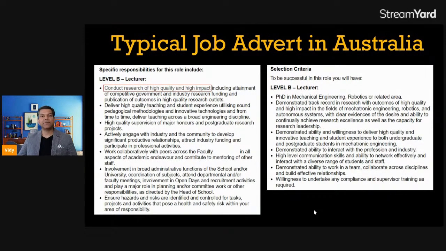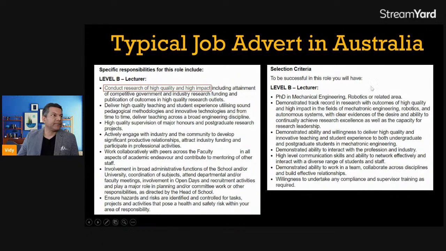Lecturer is the first position that you could apply for after your PhD. There is also associate lecturer, that is one level below. But I have just taken an example of lecturer to show you what you need to have after you complete your PhD to be even eligible or to even compete in the job market.